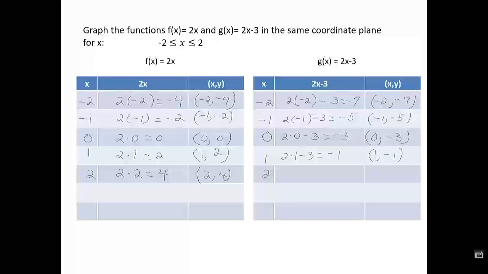When x is 2, we have 2 times 2 minus 3. 2 times 2 is 4. 4 minus 3 is 1. So the corresponding ordered pair is (2, 1). Now that we have these ordered pairs, we need to plot each point in the same rectangular coordinate system.